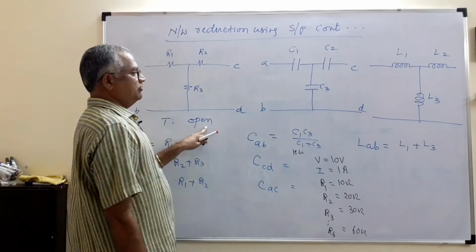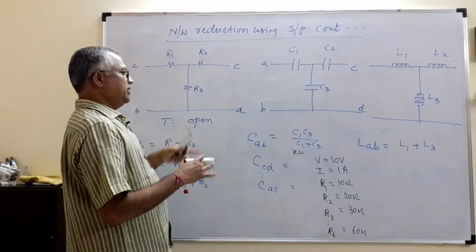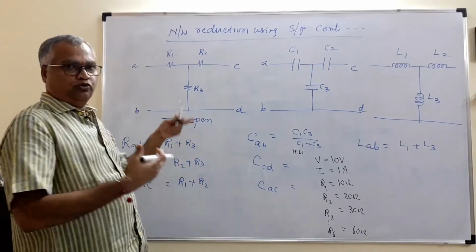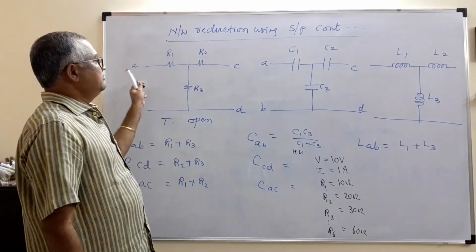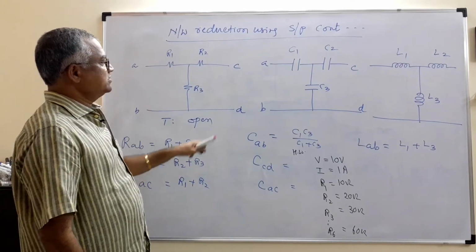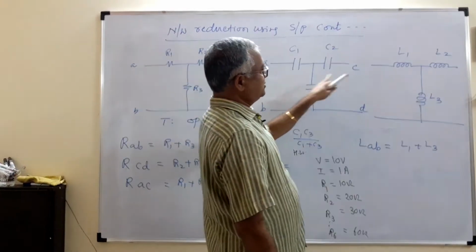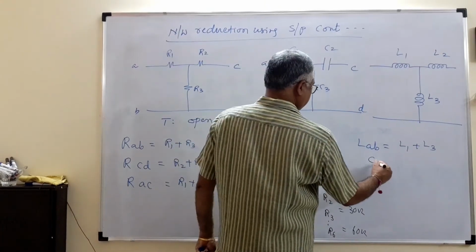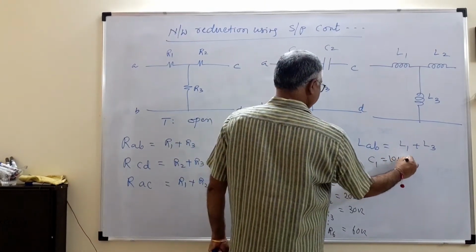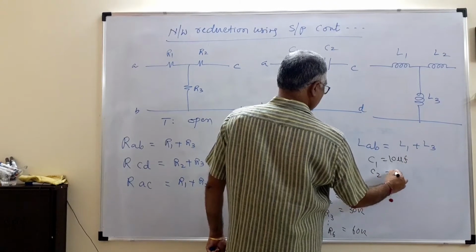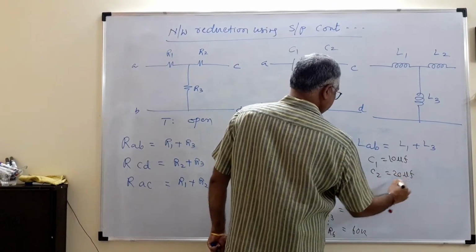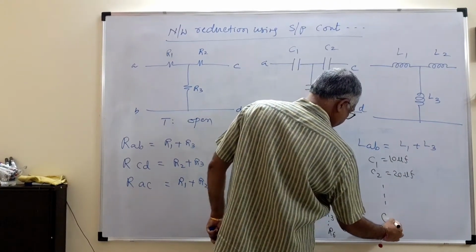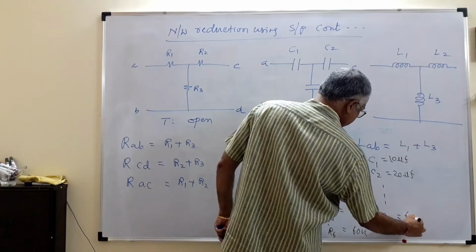We have taken many models: T open, T short, pi, bridge T and so on. For all of them we discussed the resistive case. Similarly, solve on capacitive and inductive. If it is a capacitor, take C1 as 10 microfarads, C2 as 20 microfarads, and like that C6 as 60 microfarads.